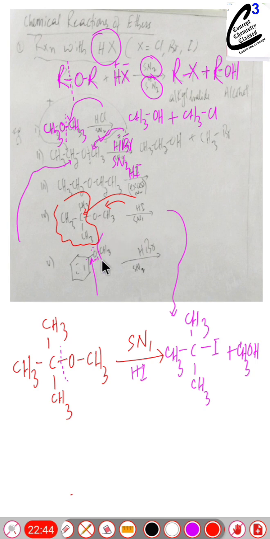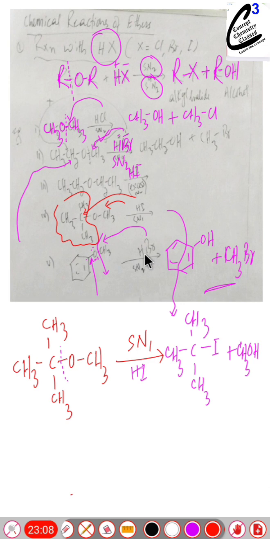So this other bond has to be broken. So bromine has to attack the methyl carbon atom to form methyl bromide, and the other product will be phenol. Okay, these are some examples of SN reactions of ethers.